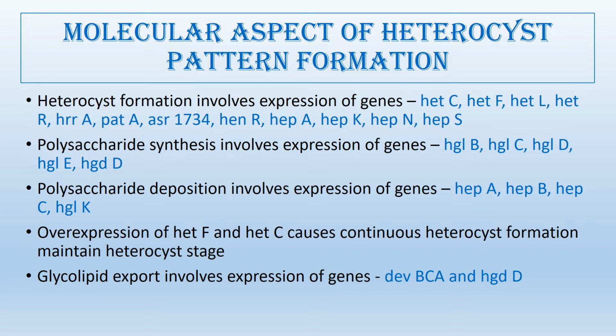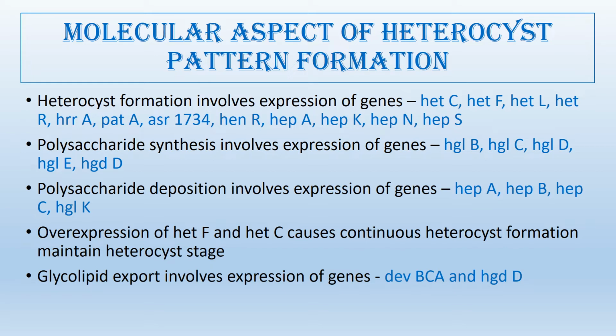For the transport of this polysaccharide from the site of synthesis, that is the cytoplasm, to the cell wall, they need transport proteins, which are produced by the expression of genes HEPA, HEPB, HEPC, and HGLK.